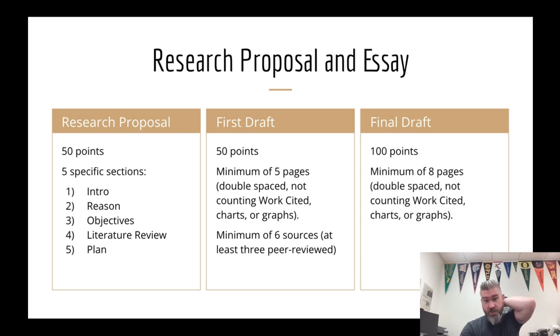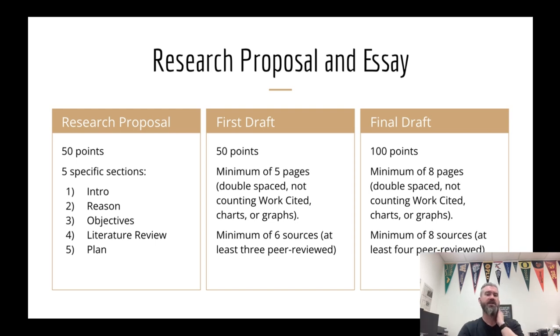The final draft is going to be a minimum of 8 pages, double spaced, not counting works cited, charts or graphs. And you're going to have at least 8 sources, 4 of which must be peer reviewed. You're going to get comments from me on the first draft as well. Then you're going to make sure to track all of your changes for your final draft so I can see the progress that you've made.